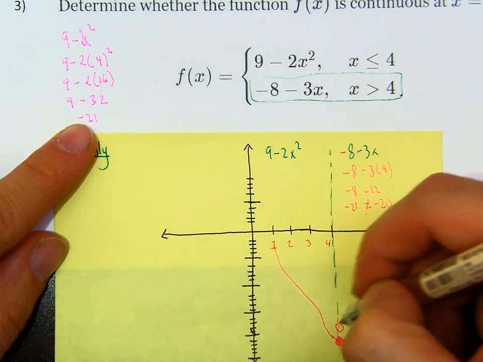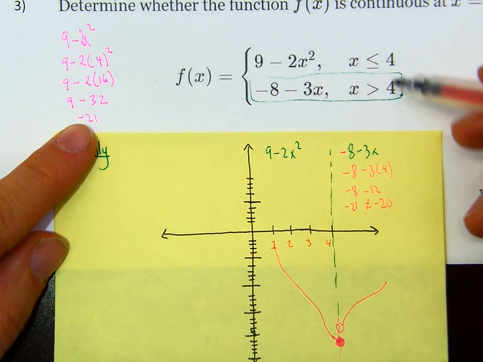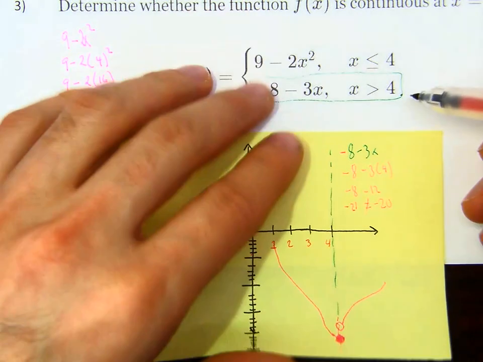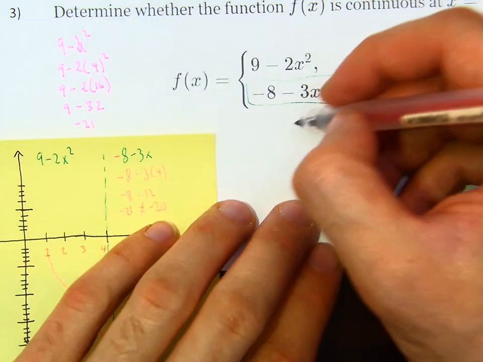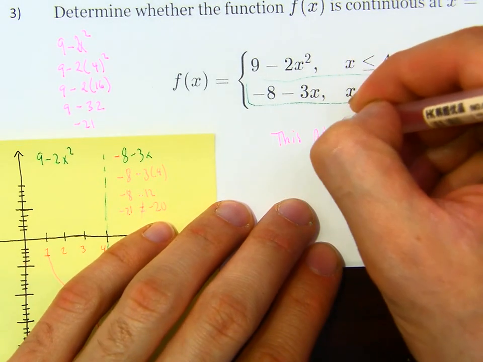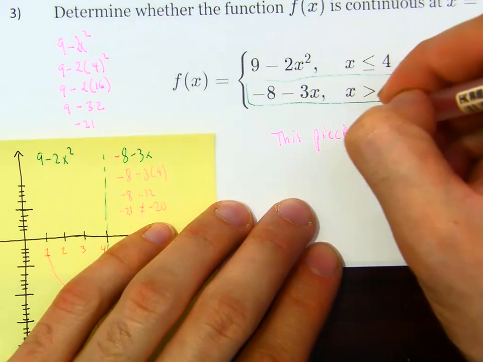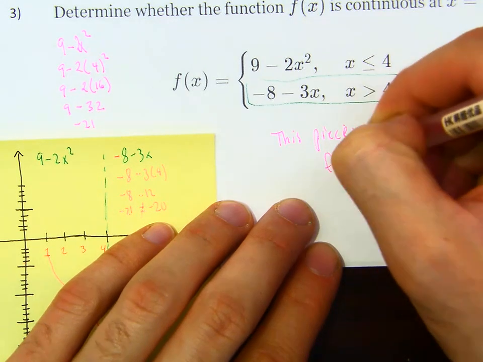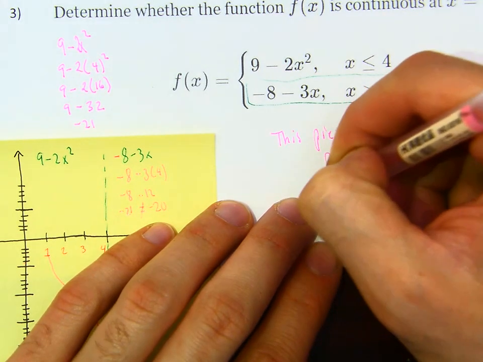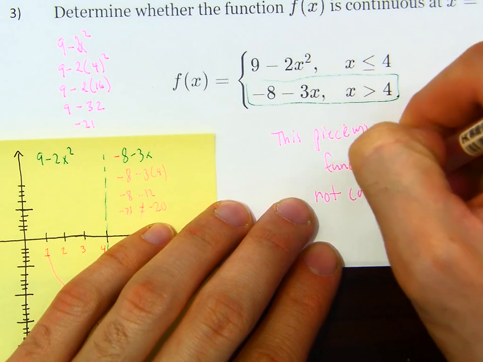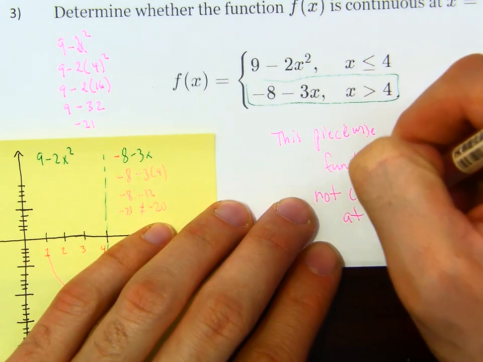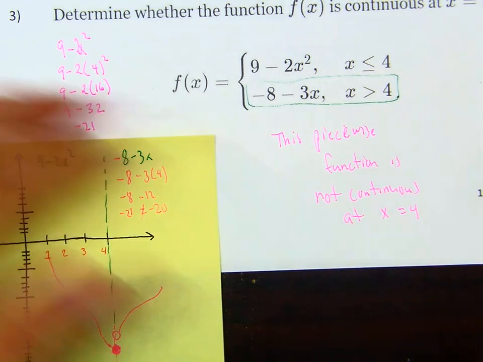It was close, but we can say this piecewise function is not continuous at x equals 4.